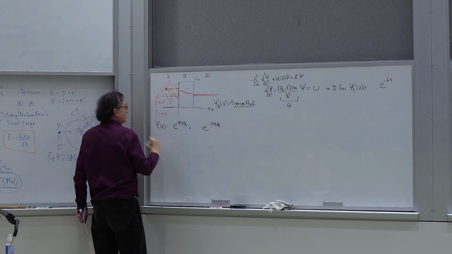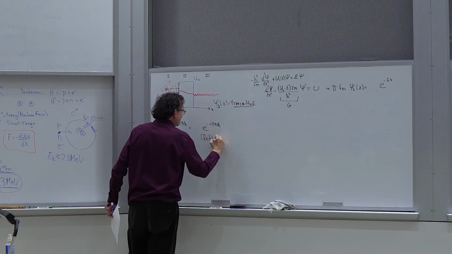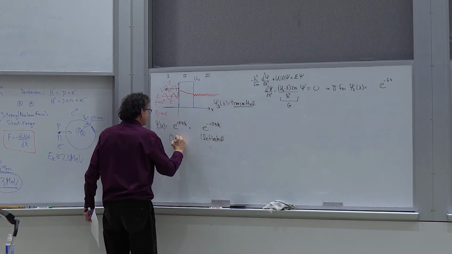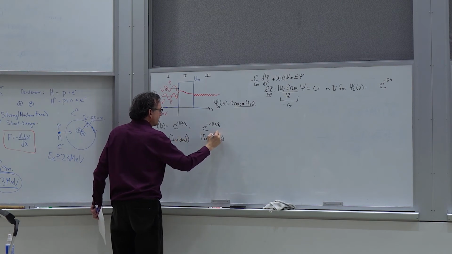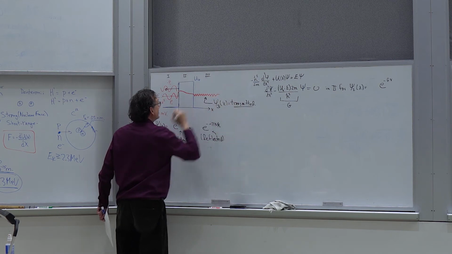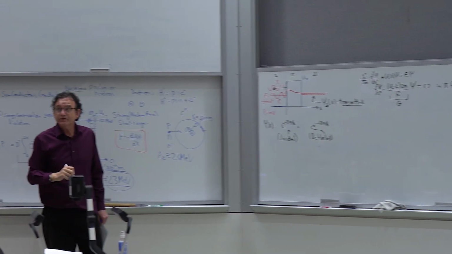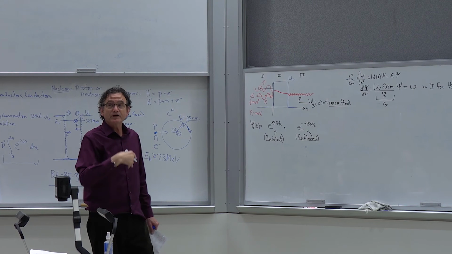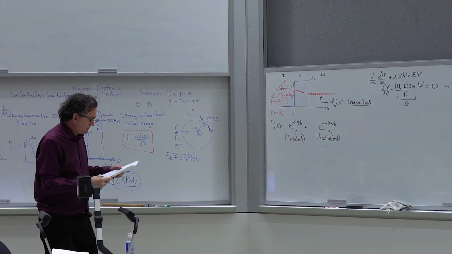And this right here will be the reflected wave, and this right here will be the incident wave. This is reflected, this is incident, this is the transmitted wave. Everybody see that? There are 3 waves involved here. An electron hits the barrier, it's either going to be transmitted or reflected. That's the basic idea.